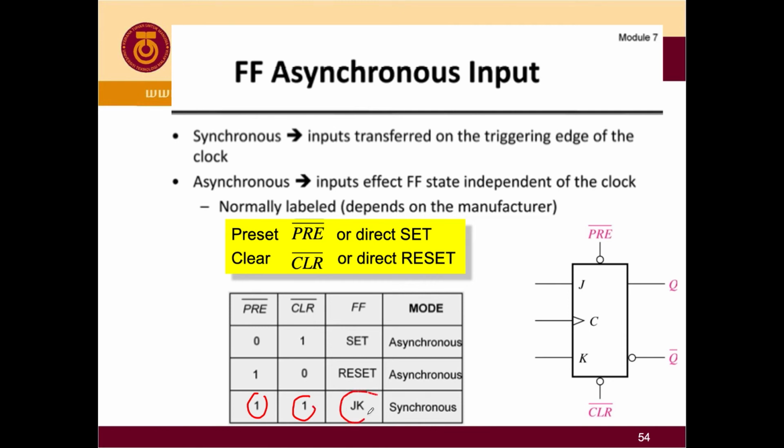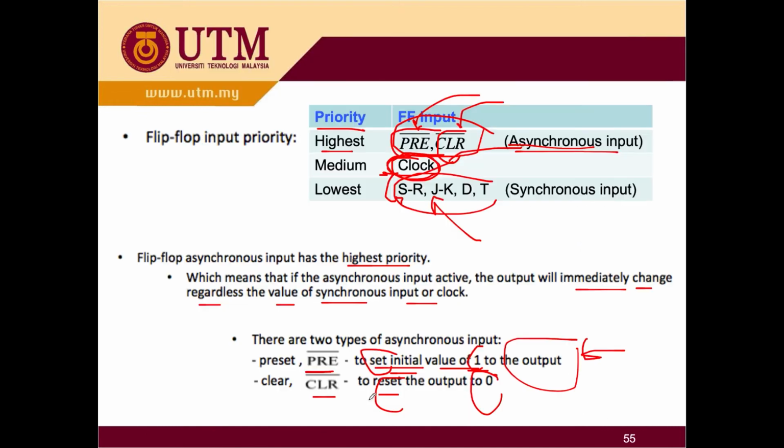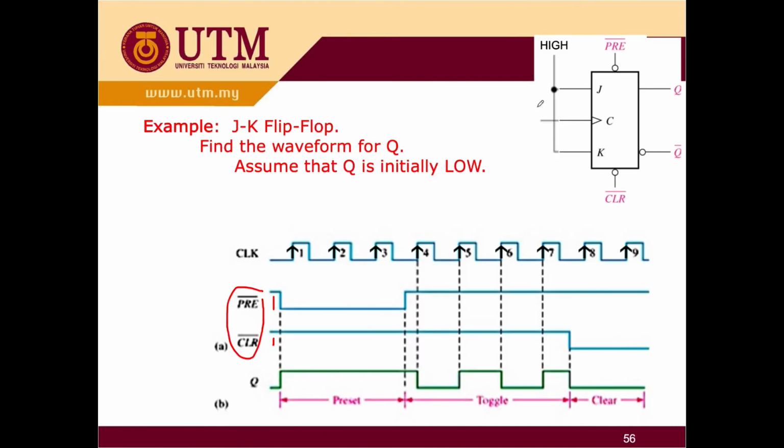So the output will look into your JK value. For your JK, you can see the input is high. So that's why you will get high like this, which is what is called your preset. It depends on your preset, so you will follow until the rest.